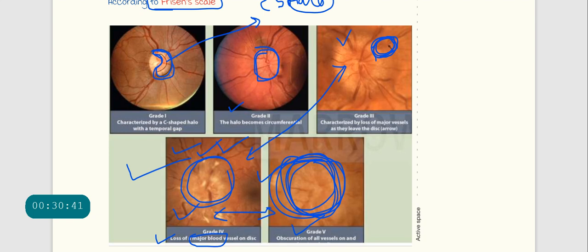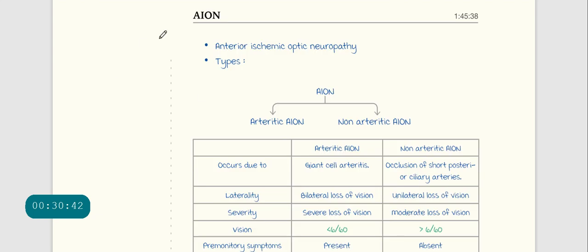I hope the word is clear to you. Now it is of two types, arteritic and non-arteritic. Okay, very simple.